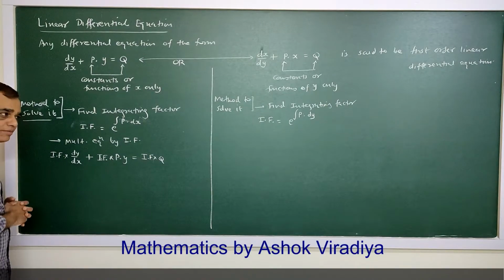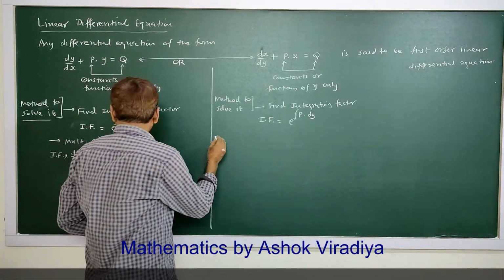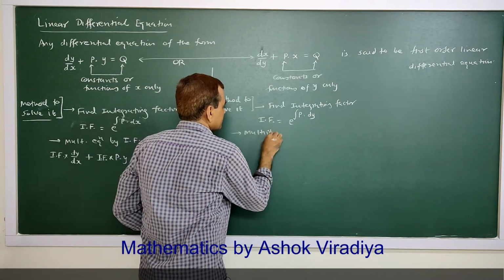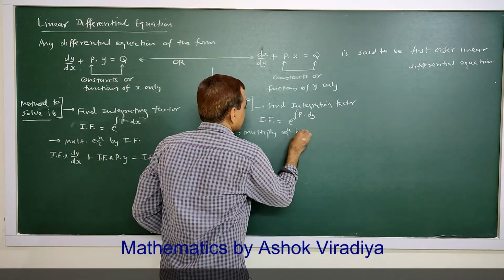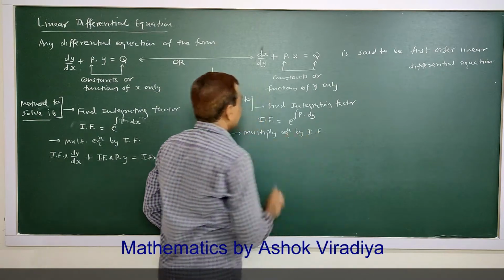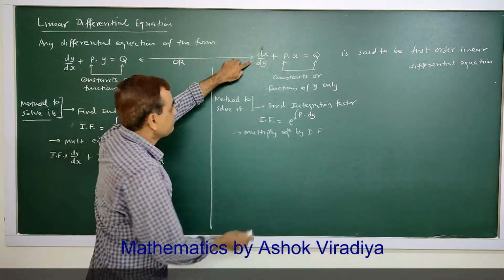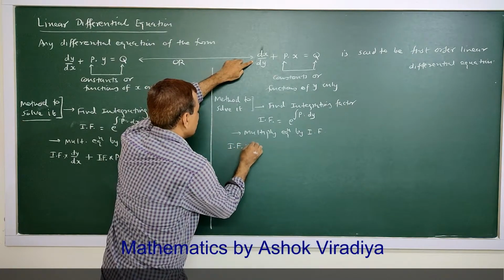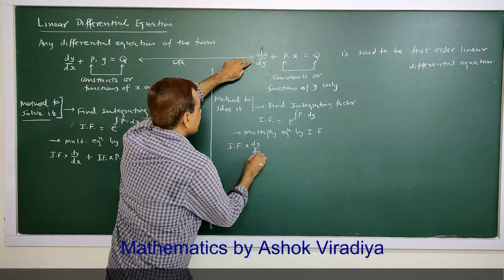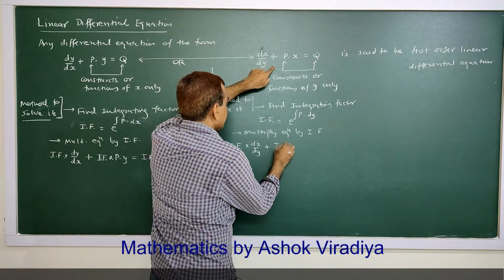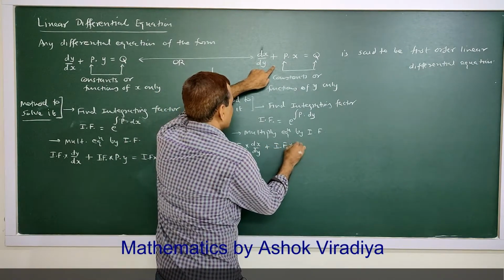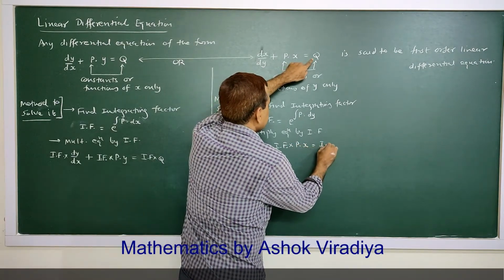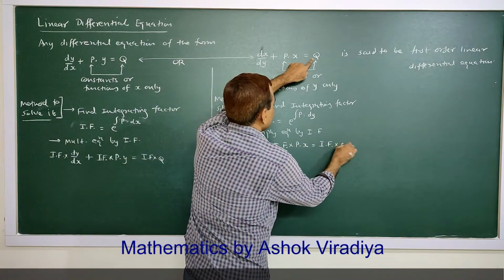That is the next step. Similarly here we multiply the equation by the integrating factor, so integrating factor into dx by dy plus integrating factor into p into x equal to integrating factor into q.